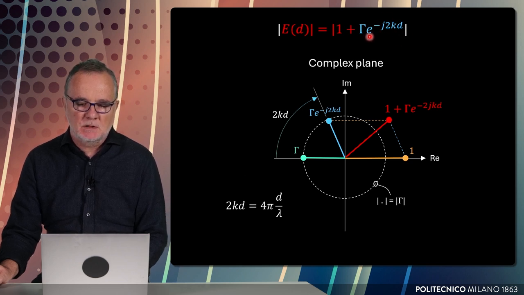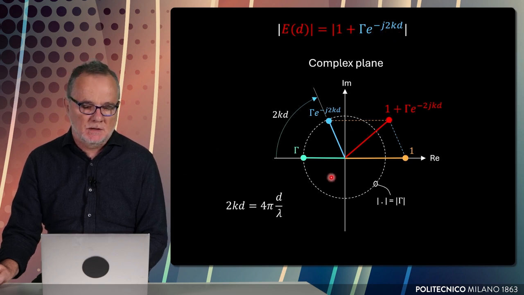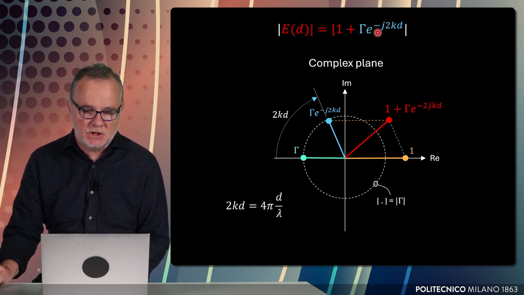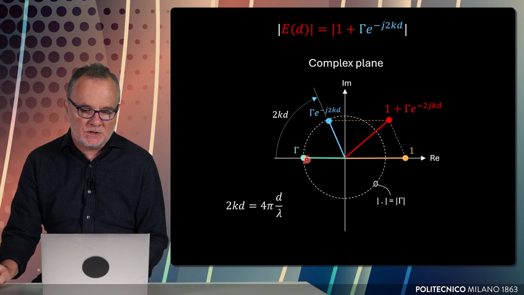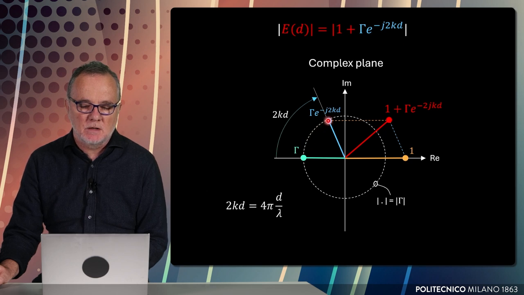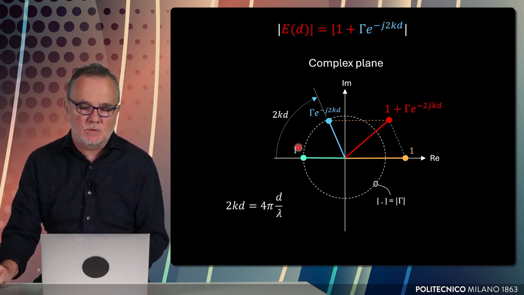As you see, gamma changes in its phase, but not in its amplitude. And therefore, gamma changes by decreasing its phase because of this minus sign, by the amount 2 times k times d. Starting from its value at d equals 0, by increasing d, gamma moves along this circle, constant amplitude, and acquires a phase that is minus 2kd.